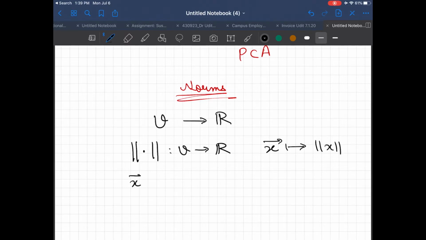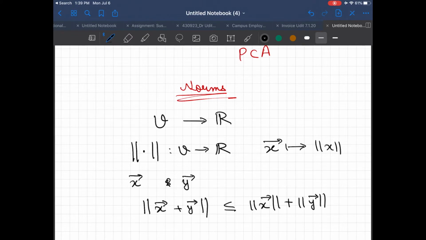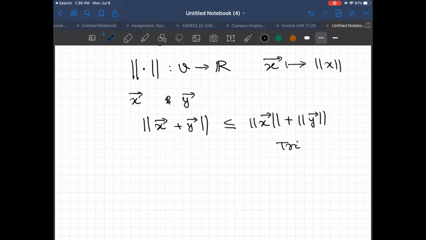So the first one is, let us say there are two vectors, x vector and y vector. We can always add two vectors as long as their dimensions are consistent. We can take their norm. Their norm, when added together, should be less than or equal to the sum of their individual norms. This is also known as the triangle inequality.